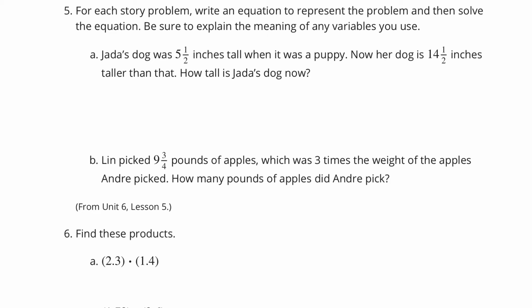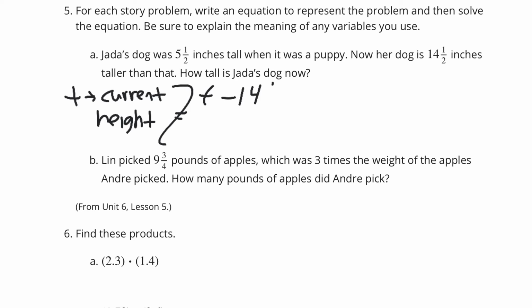Well, if we look at T being, let's say, the current height. One equation that we could write is T minus the 14.5 inches that she's taller than the 5.5.